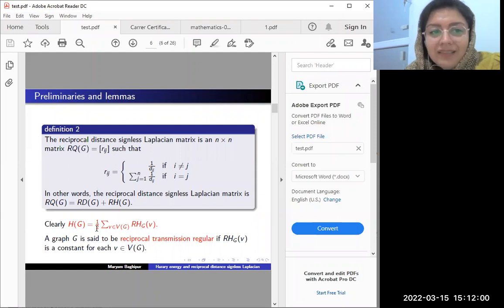It's one of the really interesting things. The trace of this matrix is equal to twice the Harary index.